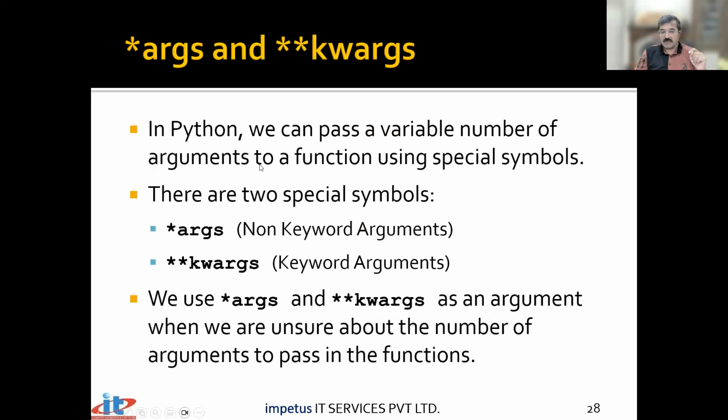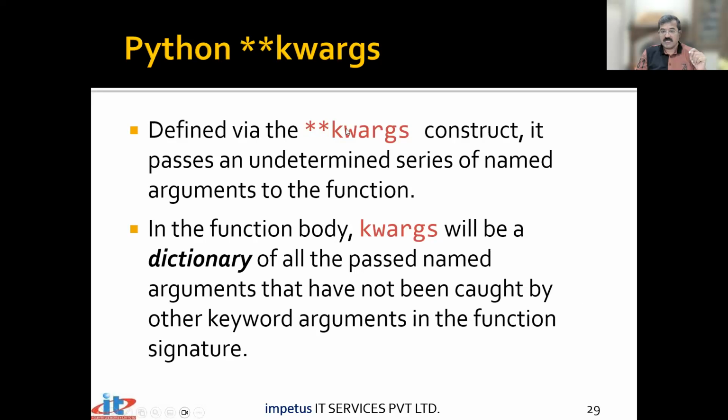Defined via the **kwargs construct, it passes an undetermined series of named arguments to a function. Undetermined means we do not know. In the function body, kwargs will be a dictionary of the passed named arguments that have not been caught by other keyword arguments in the function signature.